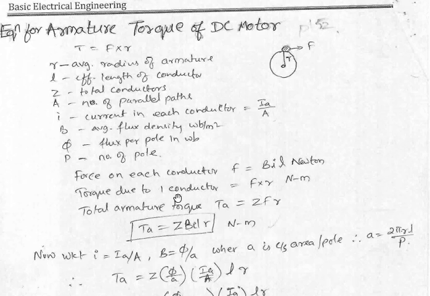The torque developed by one conductor would be F into the average radius of the armature, that is F into R. This is the torque created by one conductor. If we have Z number of conductors, what would be the total armature torque? Ta is equal to Z into F into R.